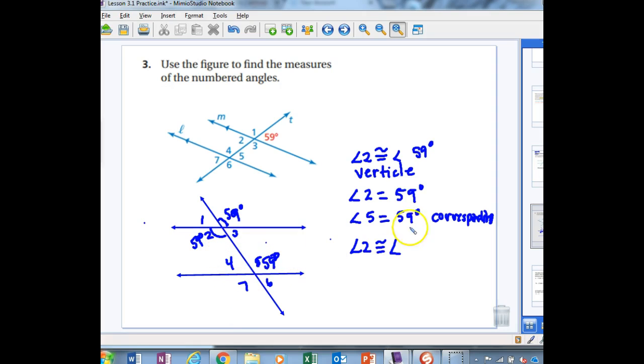So angle 2 is going to be congruent to angle 7 because it is a corresponding angle. It is in the same location. So angle 7 is also going to measure what? What is the degree of angle 7? Thank you, Angel. 59 degrees.